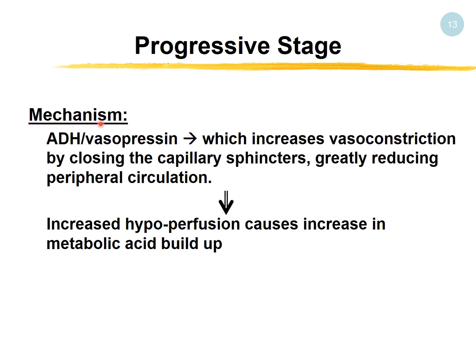In a progressive phase, when we mentioned that the vasopressin ADH increases the vasoconstriction by closing the capillary sphincters, greatly reducing the peripheral circulation, that's a hypoperfusion. It will cause some accumulation of the metabolic waste products in the periphery. In a normal aerobic metabolic system, we do not have too much waste product accumulation.